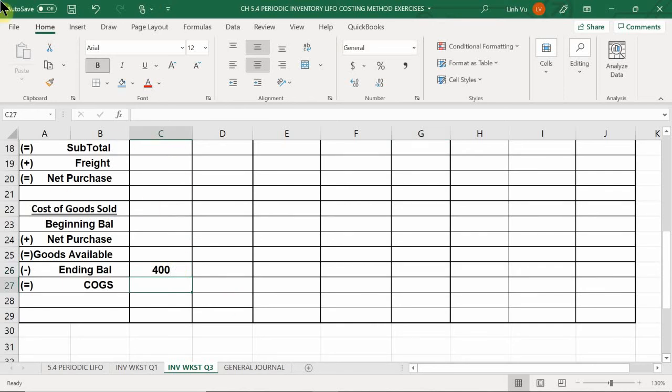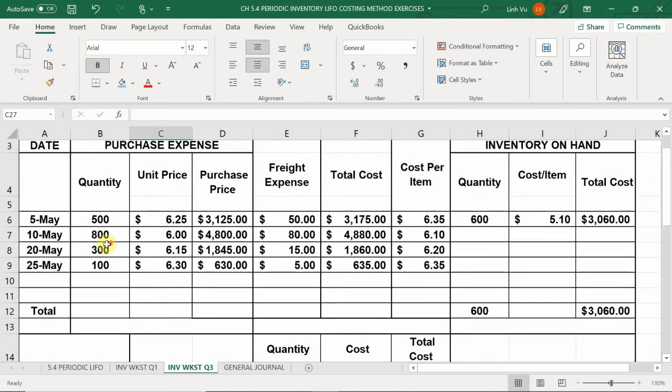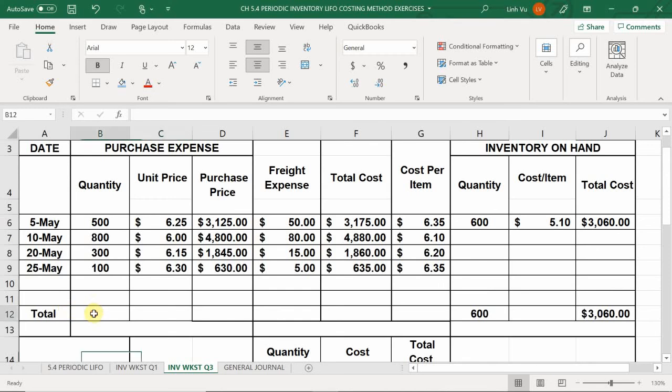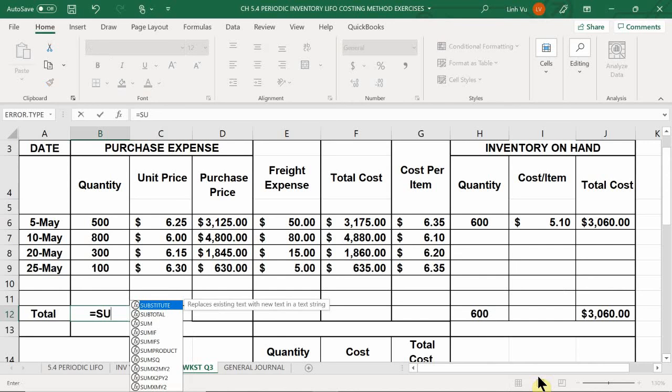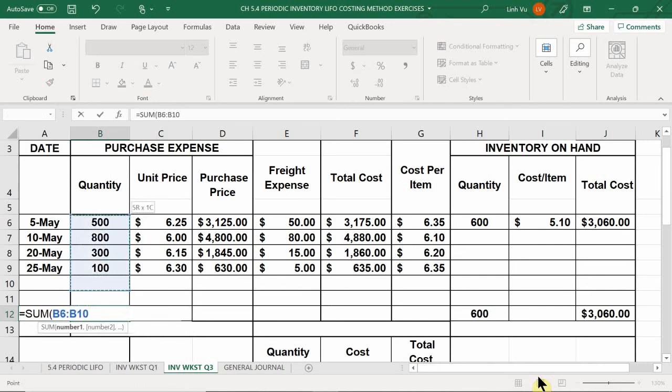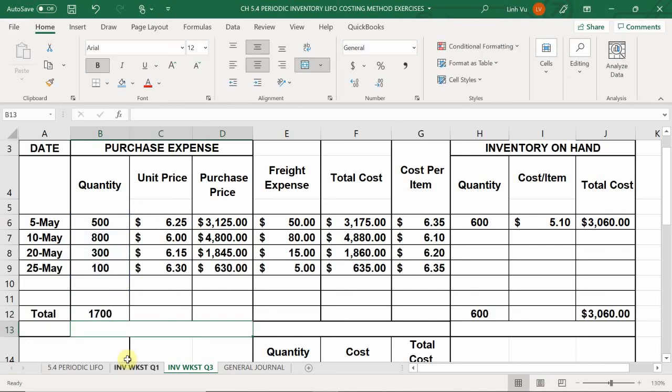So let's solve for our net purchases. What was the total amount of units that I bought? What was my total quantity purchased? 1,700.